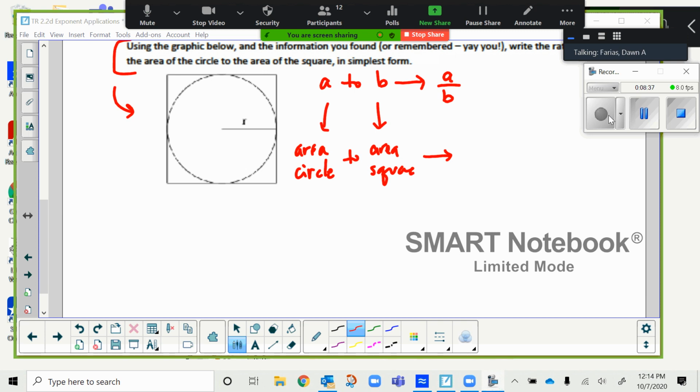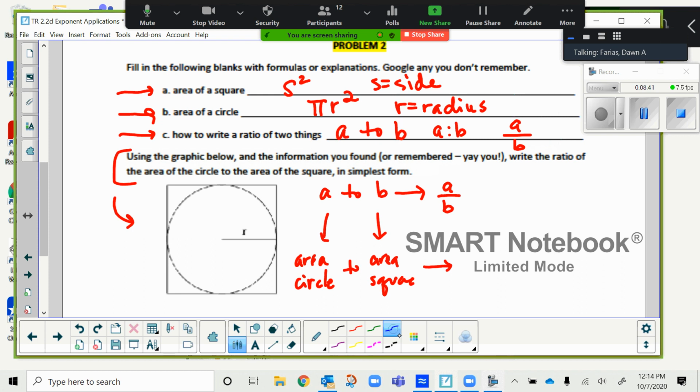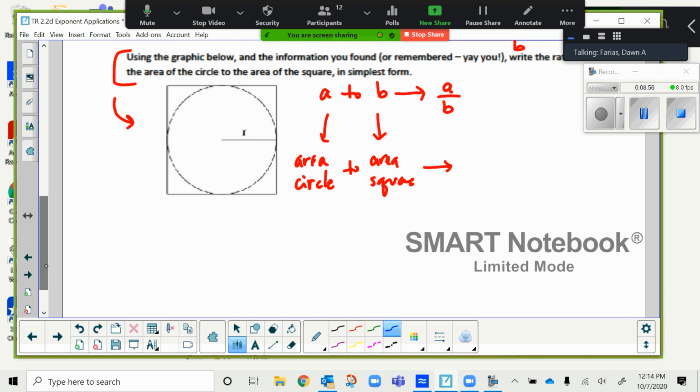So we probably are good with these individual things that I said here about s squared and pi r squared, and at least that if you want to write a ratio, A to B, the A is going to go on top and the B is going to go on bottom. In this specific case, instead of A on top, I have area of a circle.